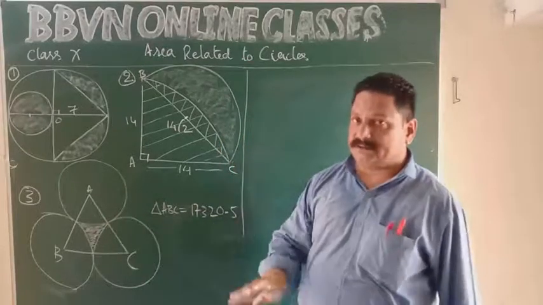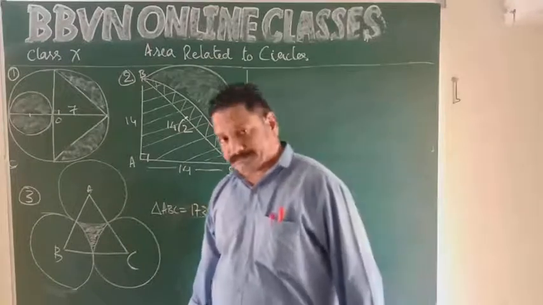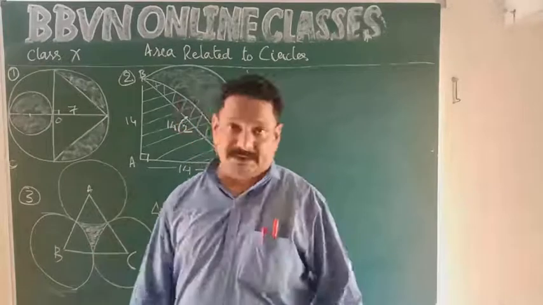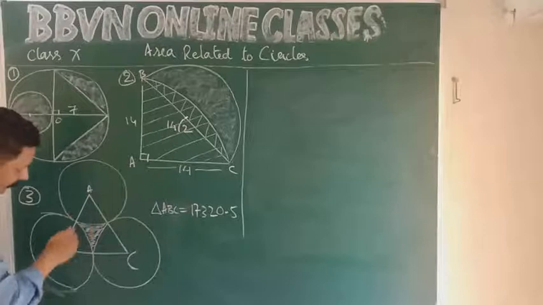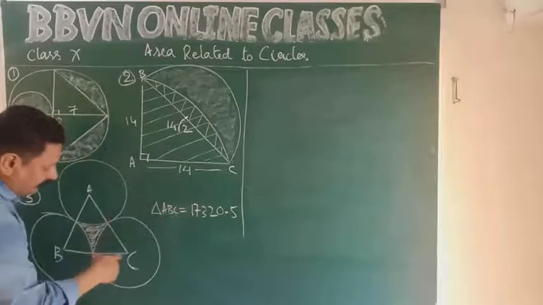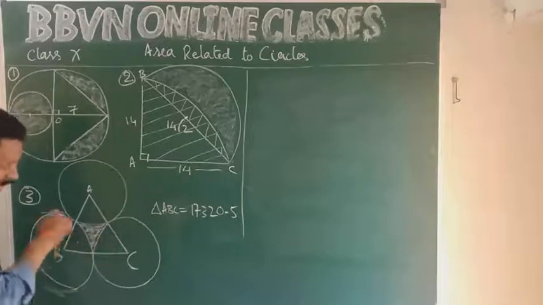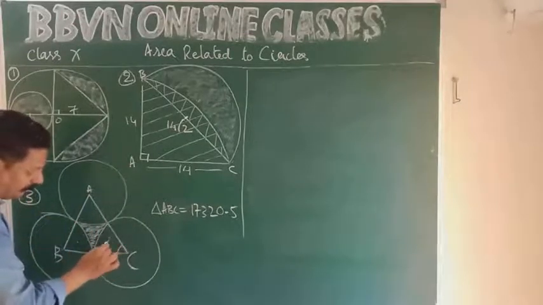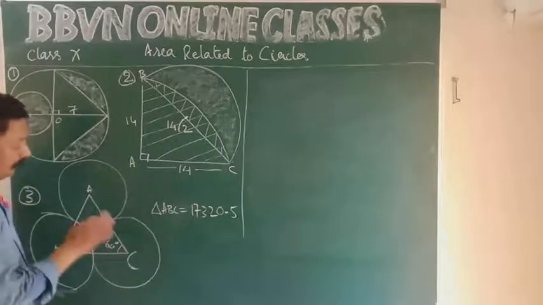Now, this is the shaded portion for which we have to find the area. Children, please understand it. How will this be found? Area of this equilateral triangle, it is given, minus area of 3 sectors, 3 congruent sectors of 60 degrees each, because triangle ABC is equilateral, right?